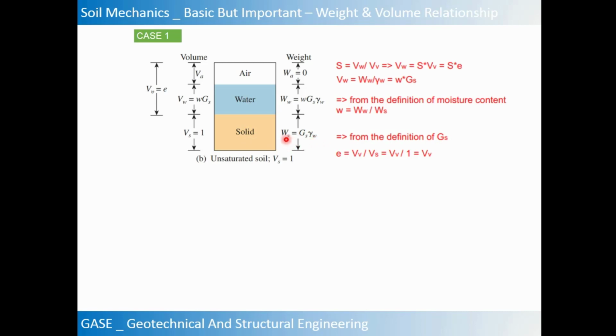So that's why the unit weight of the solid soil is equal to the specific gravity times the unit weight of the water. It's easy, right? This is the explanation for why the volume of the void is equal to e. This is the void ratio.